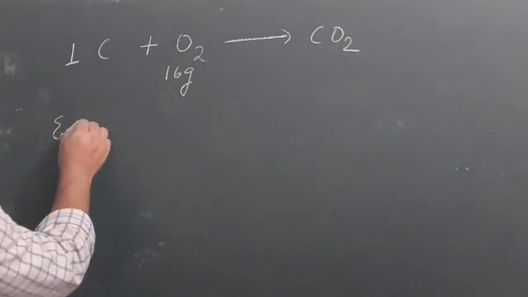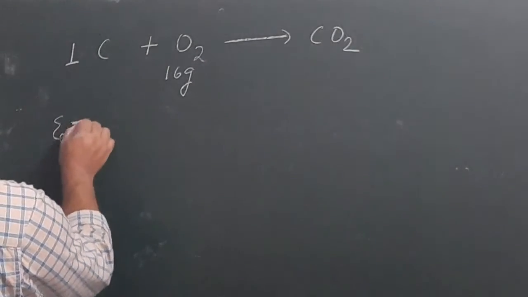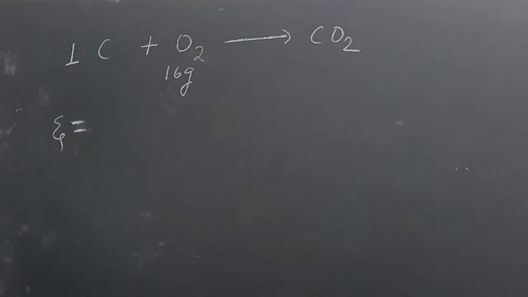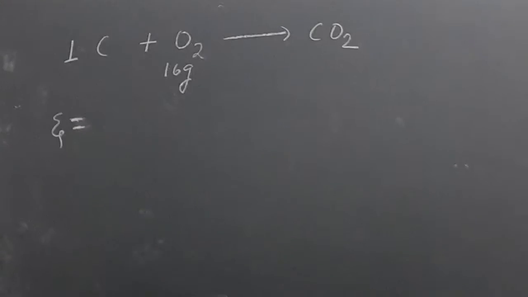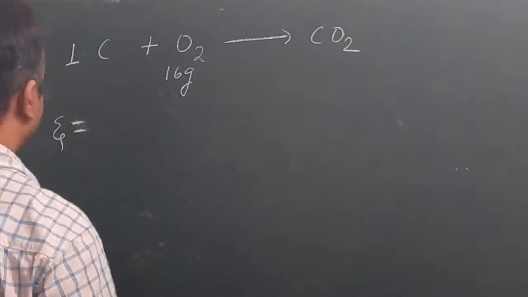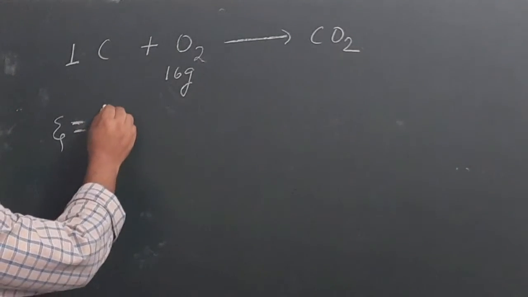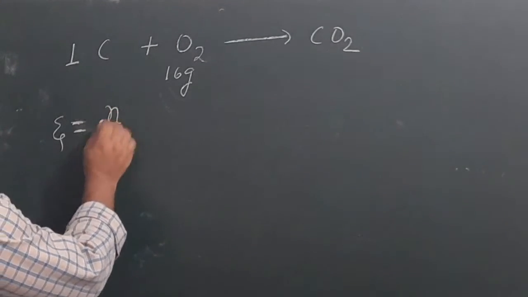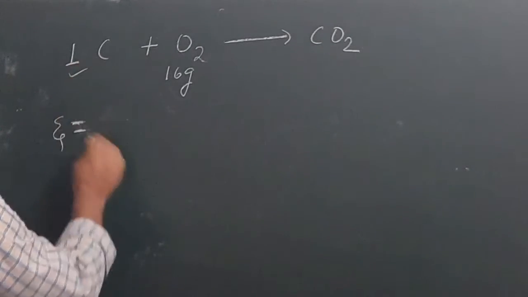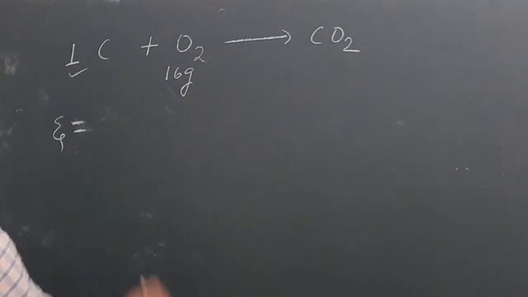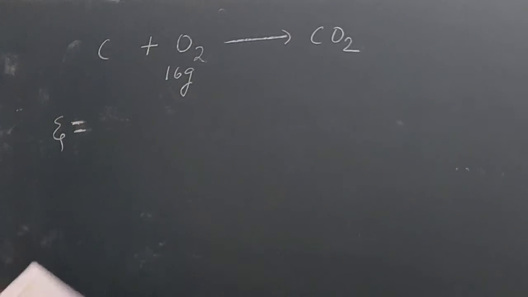So extent of reaction is equal to the extent of reaction of carbon, mole is given, divided by the stoichiometric coefficient. In the question it is given that 1 mole of carbon is burnt in 16 gram of oxygen.